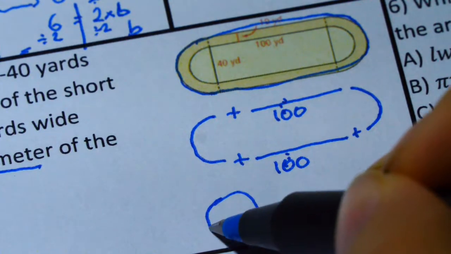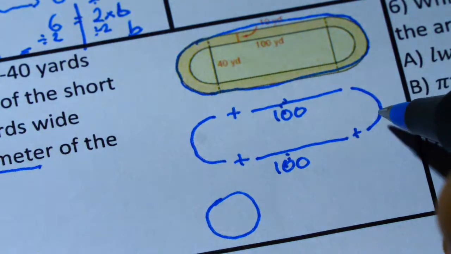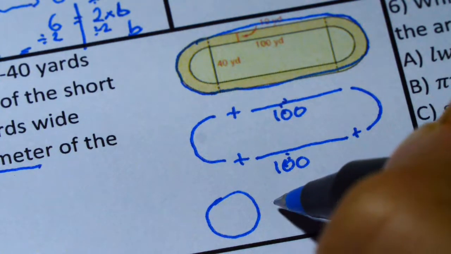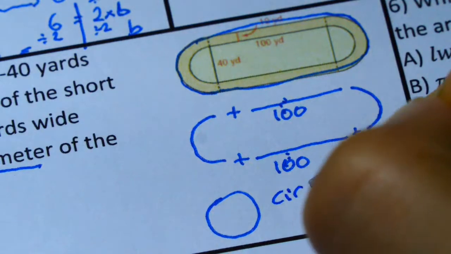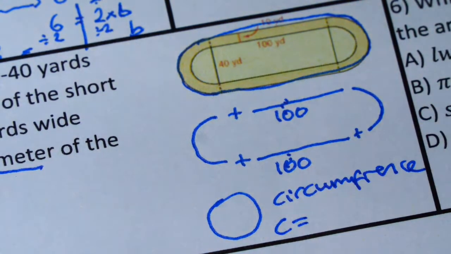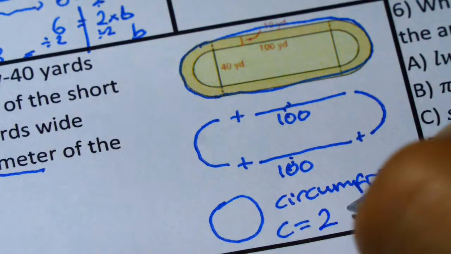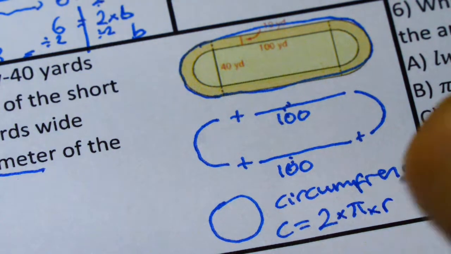And we need the distance around the circle. We need this distance plus this distance. Okay? This is called the circumference. So the formula for circumference, if you remember, is 2 pi r, or 2 times pi times r.